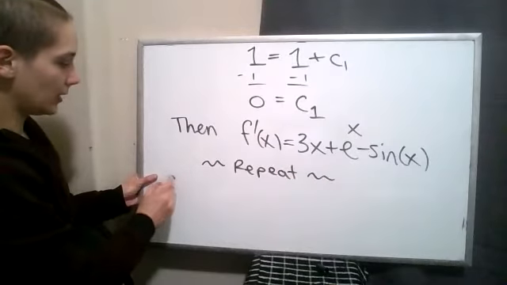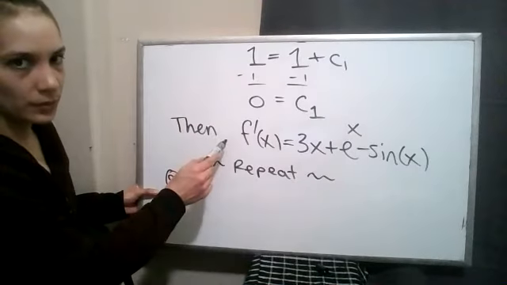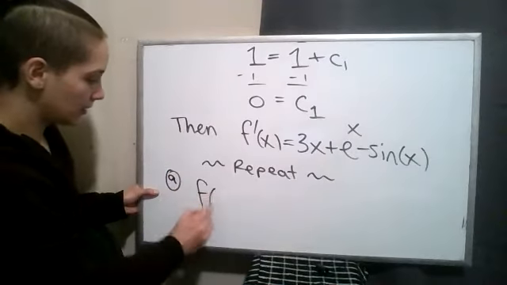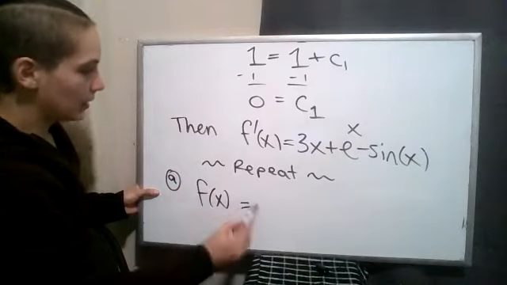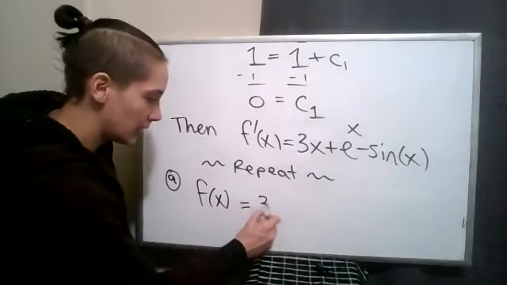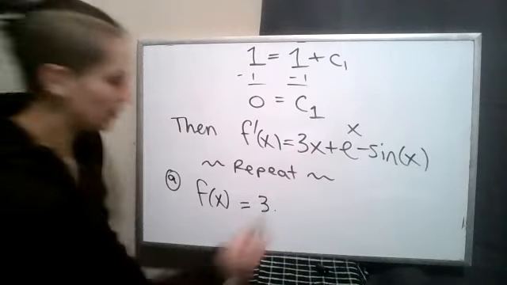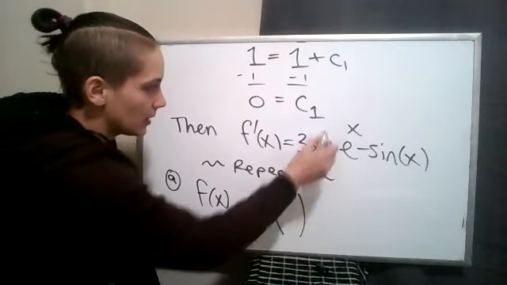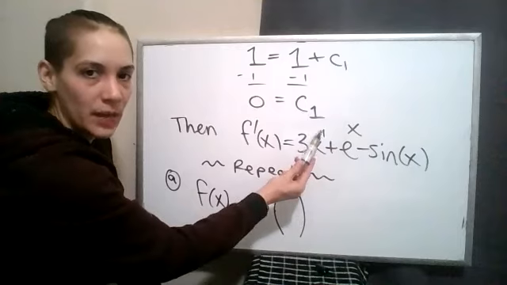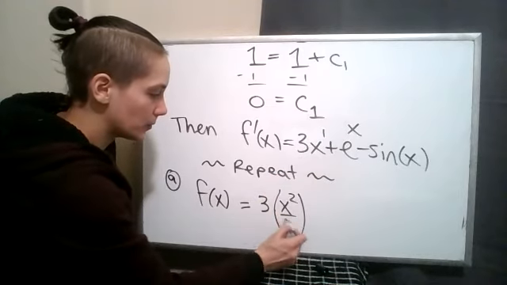Find the general antiderivative of f prime, which is f of x. You have your constant 3, it just stays where it is. Take the antiderivative of x: add 1 to the power, divide by that number, x squared over 2.